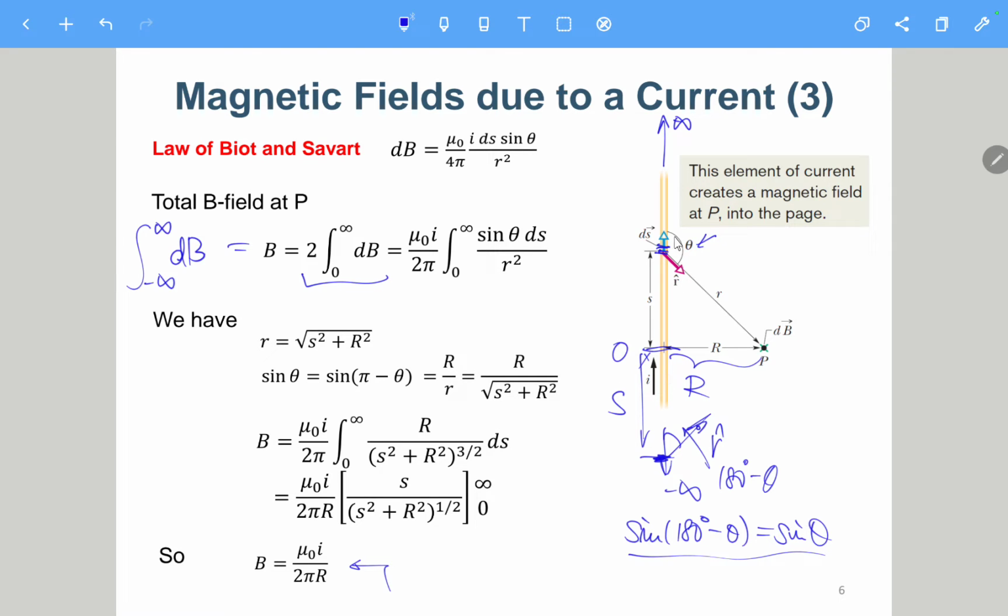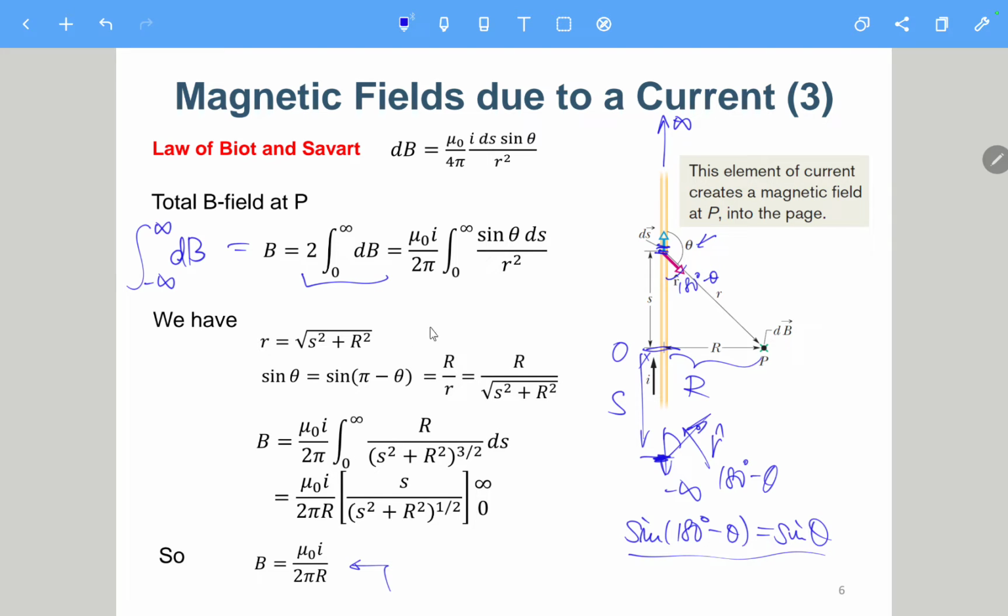Okay, and this is theta, which means that this is 180 degree minus theta. So sine of theta will be like capital R over small r. So sine of theta equals sine of pi minus theta equals capital R over r. So it's still some high school trigonometry. And then we just plug in r to be this expression here. So this one is a function of s, and then capital R is a constant, so we can do the integration now.